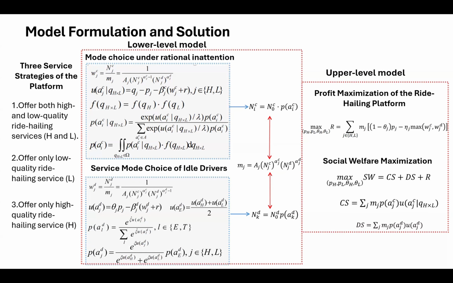The joint perceived service state follows a probability density that is the product of the individual density functions of high and low perceived quality.